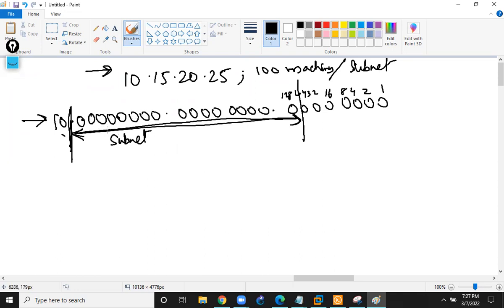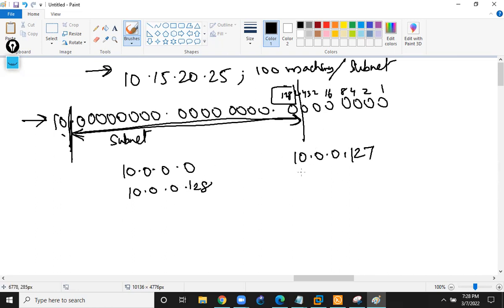You need to only write the first 3 and the last 3. It will be almost similar to the previous one. The block size is 128, so you will keep on adding 128. So what is the first address? 10.0.0.0. And what is the broadcast address? 127. And what is the second network address? 10.0.0.128.